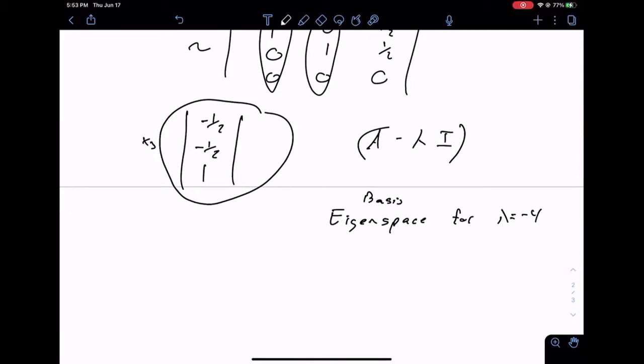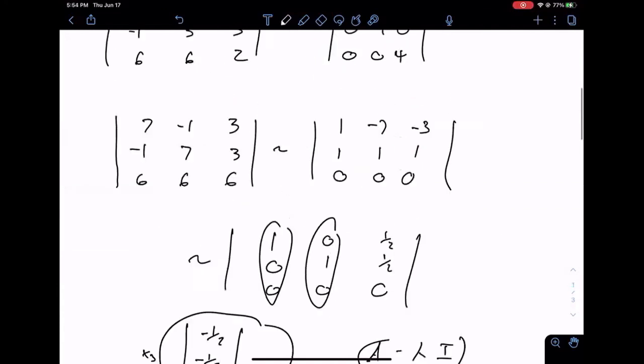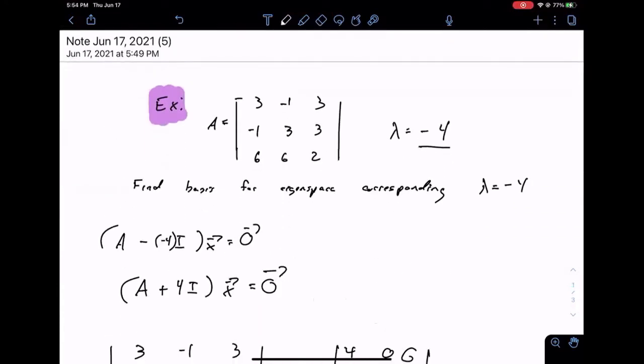Okay. So let's double check that. Let's see, what problem was that from the book? We're looking at chapter 5. What was the matrix we started with? 3, -1, 3. That looks like it was problem 14.